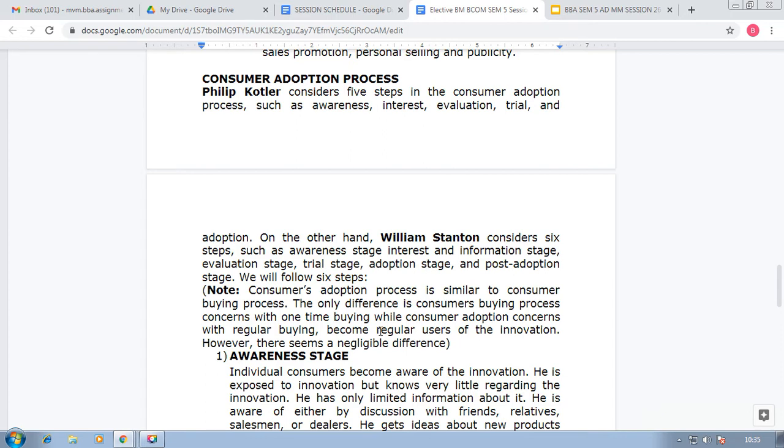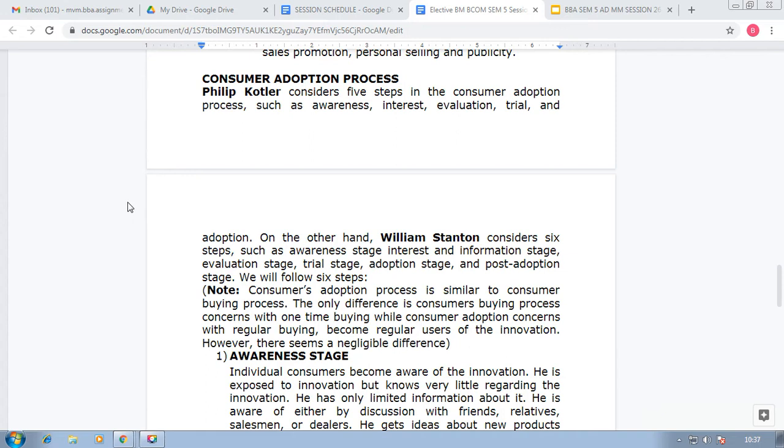Now the name itself suggests, students, adoption process. Adoption process means how a consumer is going to purchase the products, adopting the products which are available in the market.